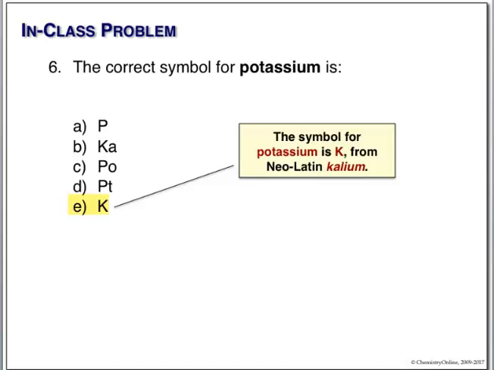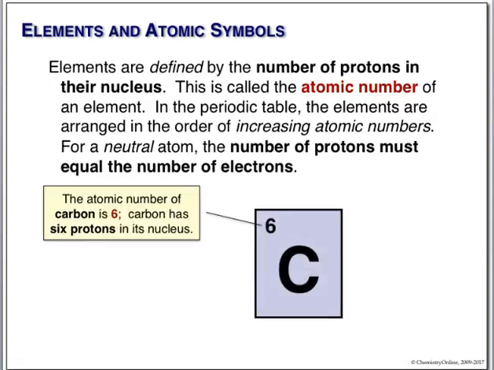Well, let's think again about our periodic table. The elements in a periodic table are arranged numerically by what's called their atomic number. The atomic number, if you look at the periodic table here, it's the little thing up top.